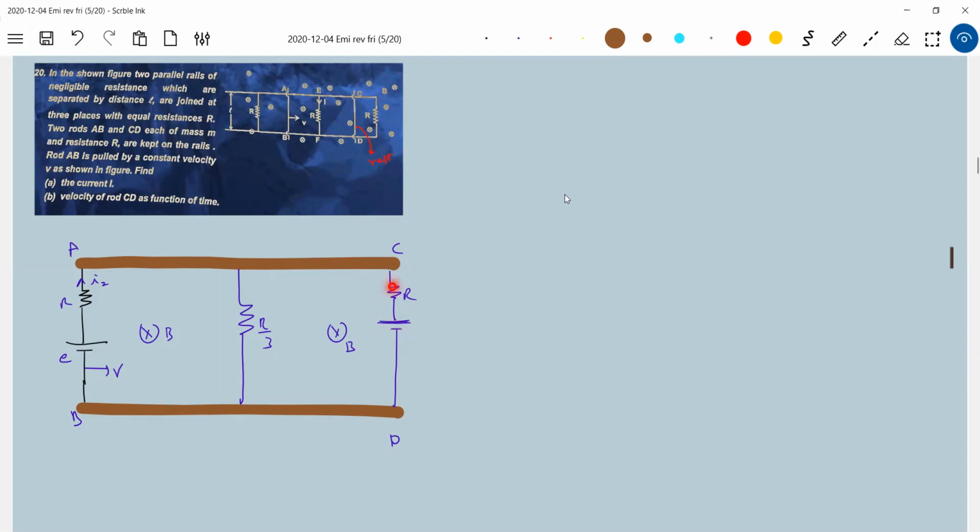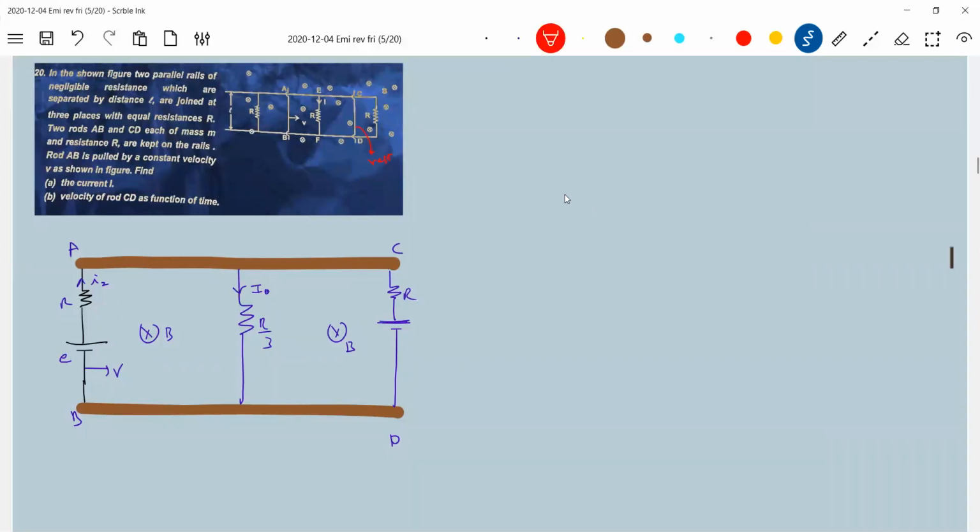Now when this current flows across the rod CD, a BIL force will act on it. It will branch here, so let's take this current as I naught. Later on I'll come back to the problem.